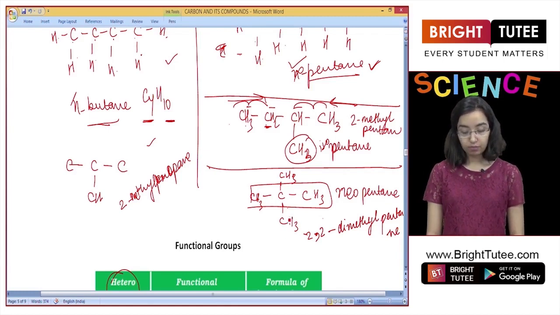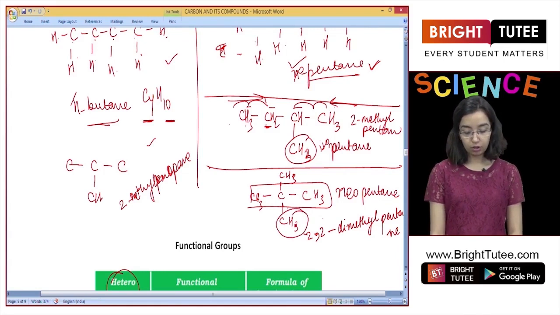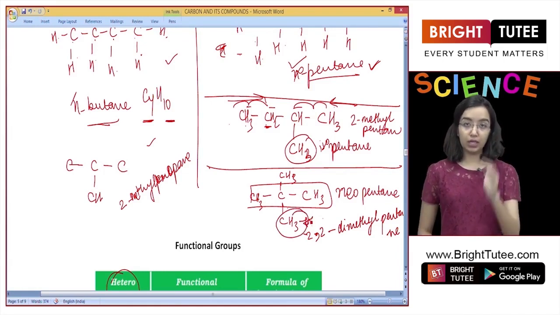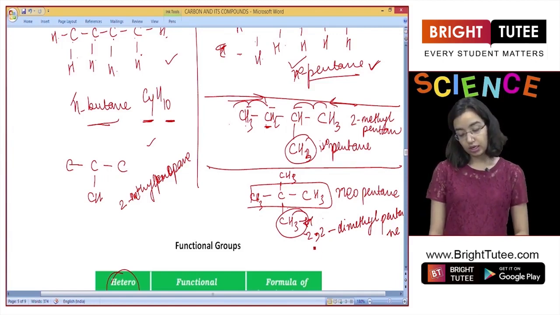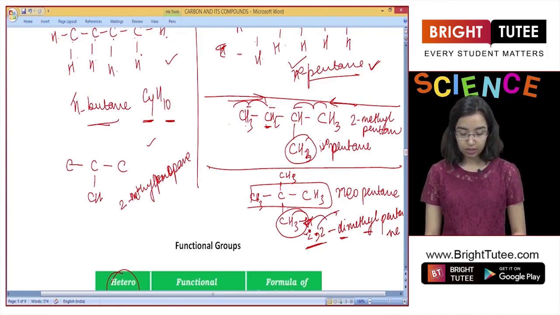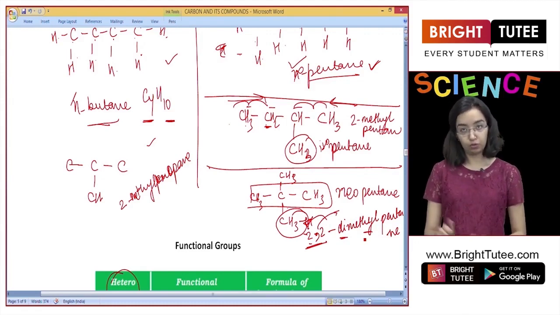If, for example, an ethyl was attached, then it would be called ethyl. But since there are 2 methyls attached, it will be labeled as 2,2 dimethyl pentane. Dimethyl because there are 2 methyls. What is their position? Both are present on the second carbon atom. So these numbers indicate the position of the methyl groups, right?